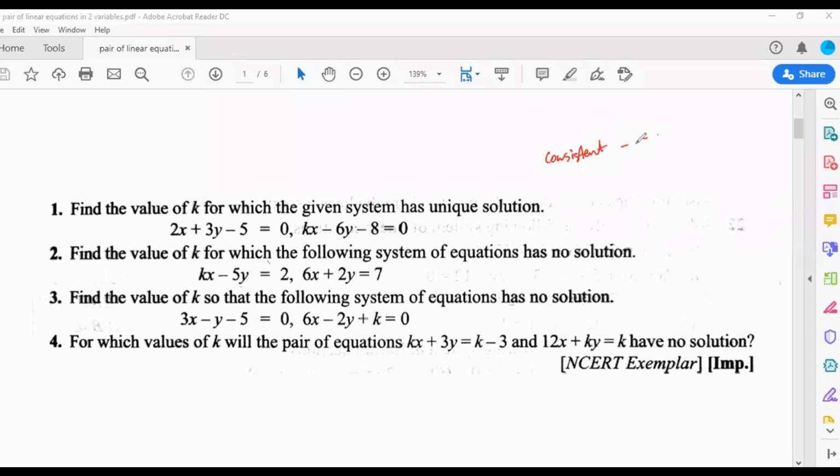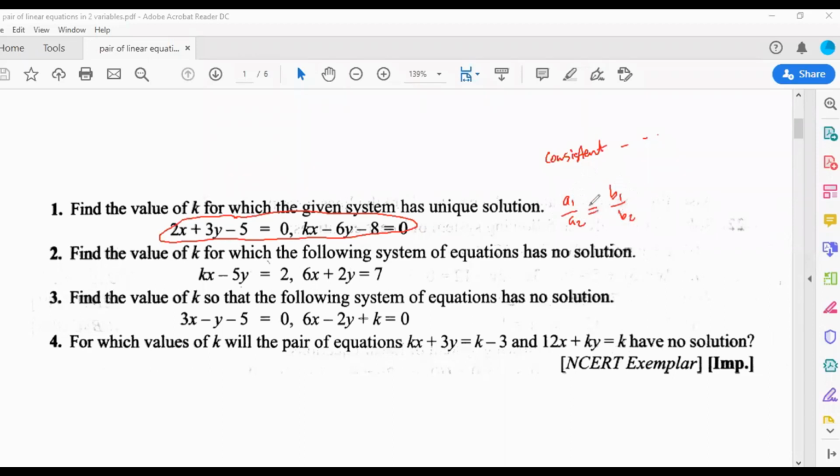In such a case, the question is asked simply: a pair of equations will be given, and the question says check, no K, there will be some number, to check whether this pair of equations is consistent or inconsistent. Dependent is not given though. So you can simply check A1/A2 and B1/B2.